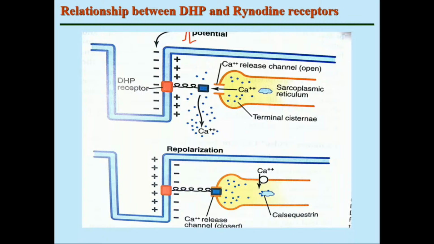It pumps the calcium ions back into the L tubules where it binds with the calsequestrin so that more and more calcium ions can be stored, and once the calcium concentration in the sarcoplasm falls, the calcium from troponin C dissociates from the troponin, and the tropomyosin is no more tugged, it automatically comes back onto the active sites of the actin filament, and thus there is no more interaction between actin and myosin.